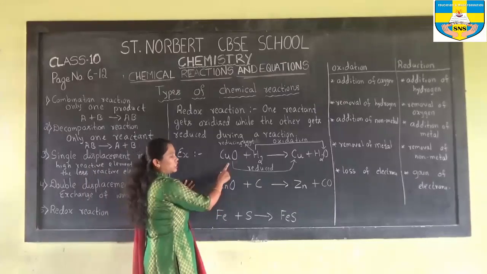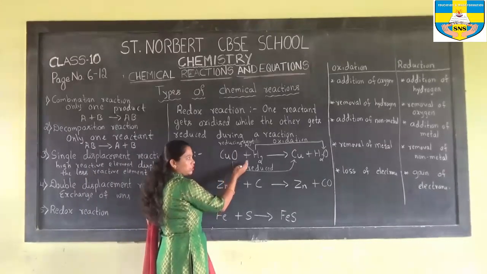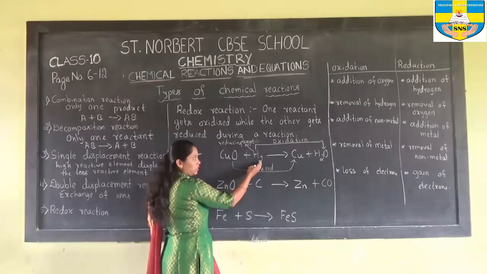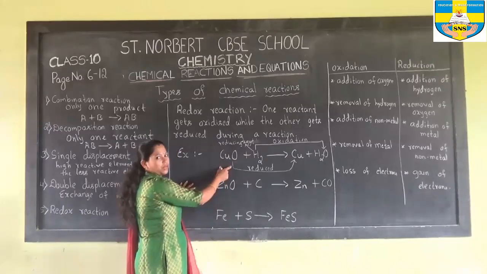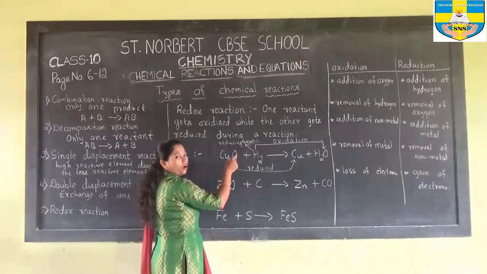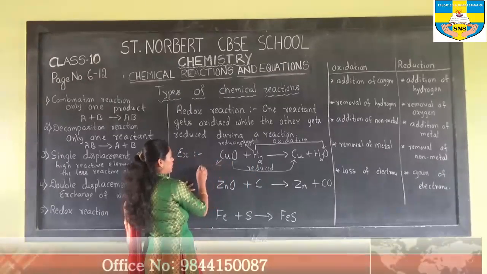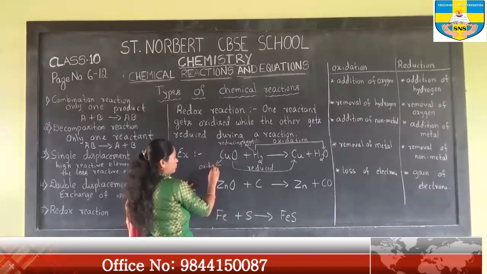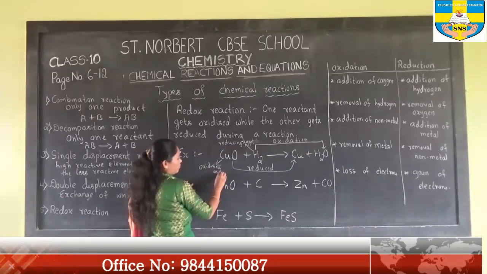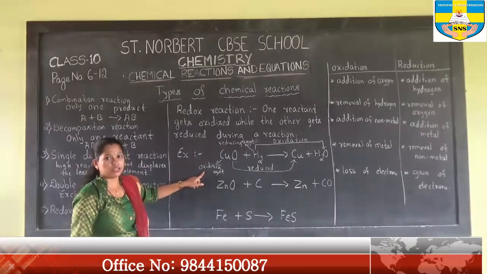Such that the copper oxide gives the oxygen to hydrogen and helps to make the oxidation. That means copper oxide helps to oxidize the hydrogen. So the copper oxide is the oxidizing agent.